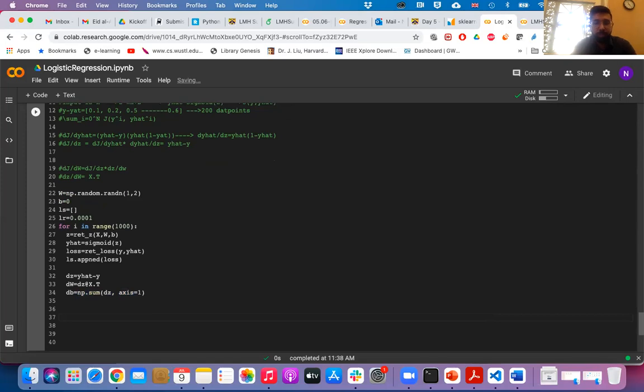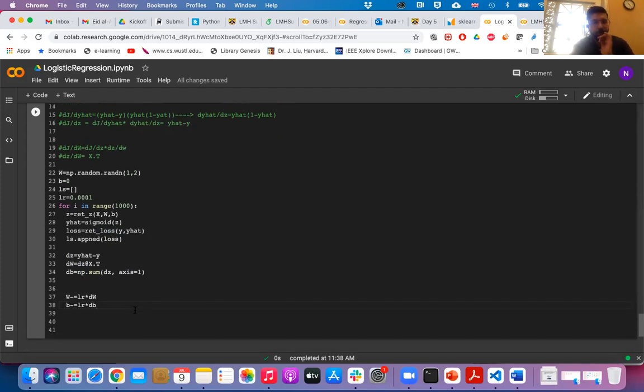After that, once we have this, we just have to update our weights. So w minus equal to learning rate times dw, and b minus equal to learning rate times db.